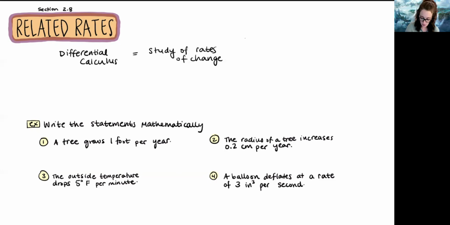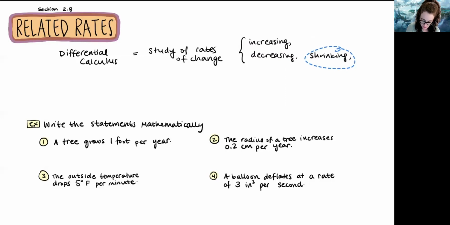These are words that we'll start using a lot more in chapter 3, and look more broadly at what the derivative can tell us. Things change in various ways. You could have something that's increasing, decreasing, shrinking, or growing. Just to keep them consistent, shrinking goes with decreasing, growing goes with increasing. And there are a lot of other words, etc.